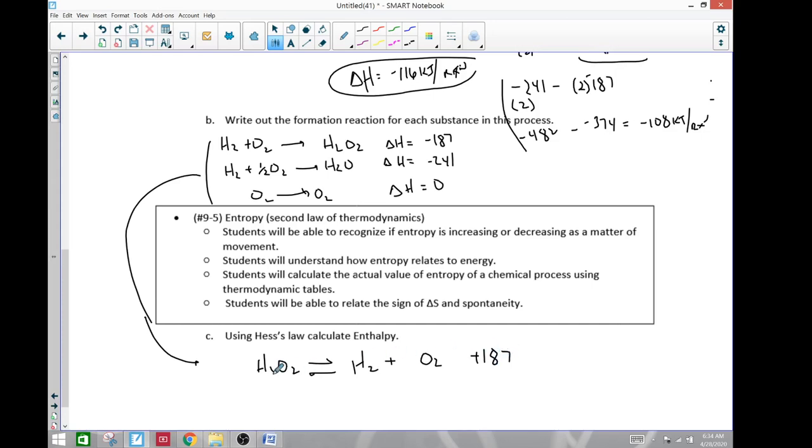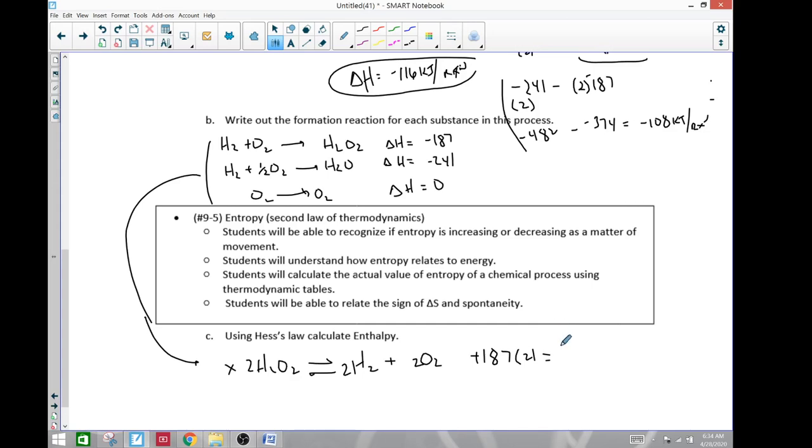And how many? We want to double this because I want 2 of them. So times 2, 2, 2, and 2. Multiply this times 2. I'm going to get 187 times 2. 187 times 2 is 374.